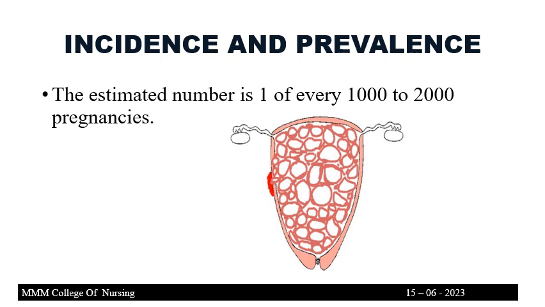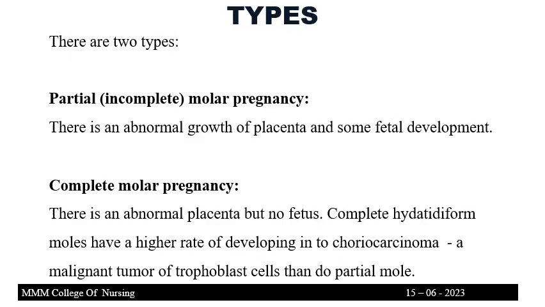The incidence is high at the beginning and the end of the childbearing period, under 20 and over 40 years of age. The risk also relates to poor nutrition, protein deficiency, consanguineous marriage, maternal blood group A and paternal blood group O, and genetic predisposition. So these are the incidence and prevalence of hydatidiform mole.